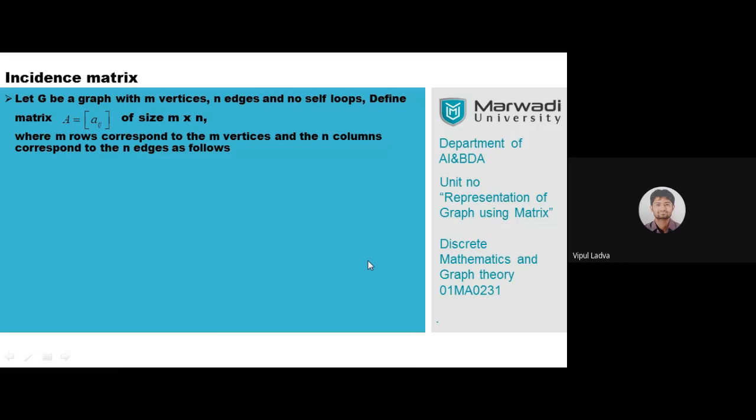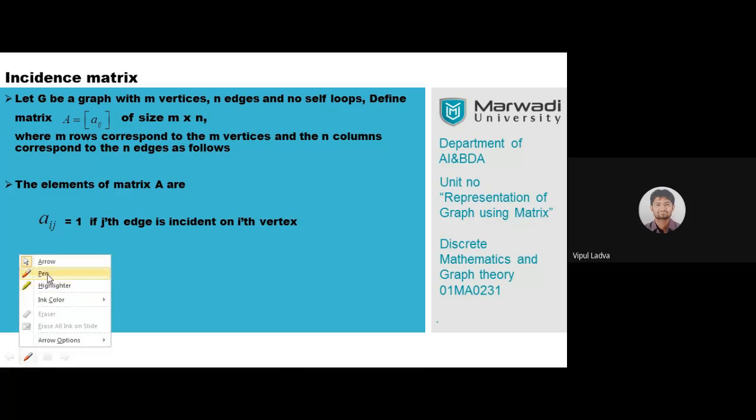ठीक है. And now in the incidence matrix, the type of that particular matrix will be m cross n, is it? Where m rows correspond to m vertices and columns correspond to n number of edges. किस तरीके से? अब उसमें एंट्री 1 और 0 कब देंगे? We will allot a specific entry 1 to a specific place if I am interacting with aij. जब भी हम लिख रहे हैं, might be I just forgot in the previous session what we mean by aij.